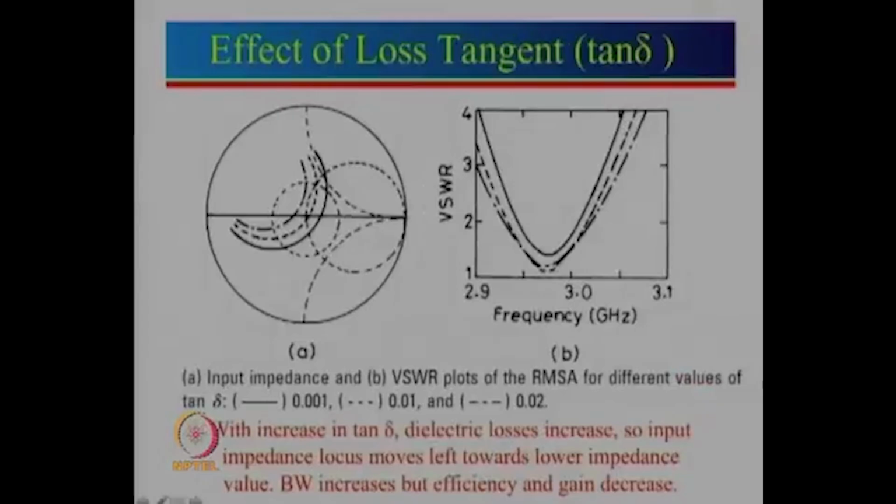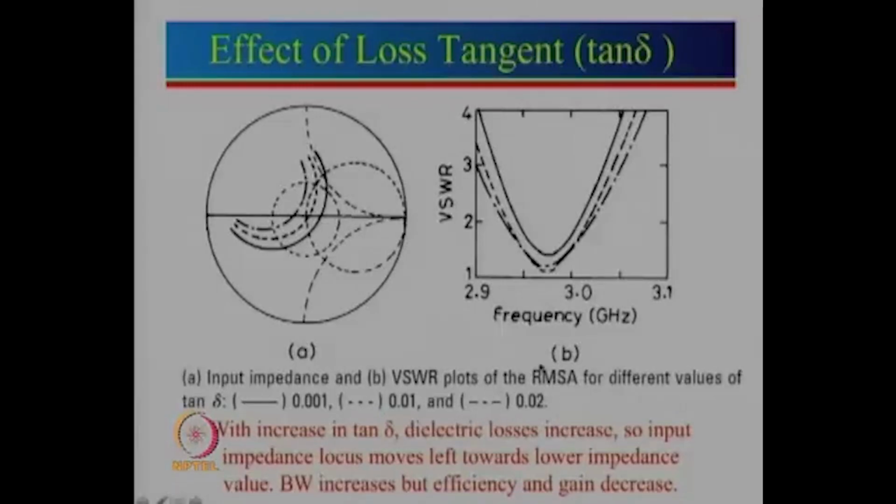Let us now see the effect of the loss tangent. We have taken three different cases of loss tangent, one is 0.001. This is the case for a very good quality substrate, and that is the plot shown over here. Then there is a substrate which has slightly more loss compared to this, and then this is the lossy substrate.